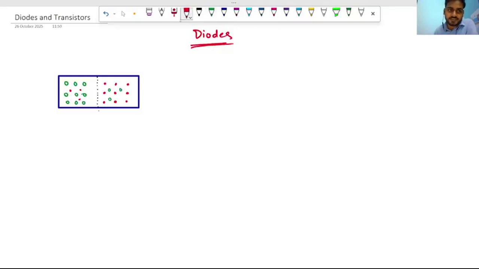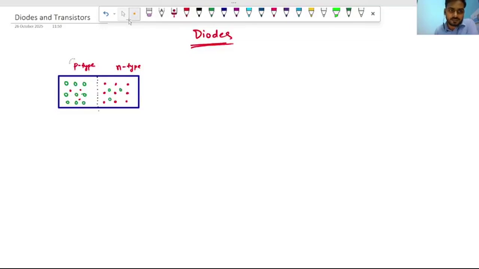So we call the left side P type. P means positive, since holes have positive charge and electrons have negative charge. This side is known as N type, and this side is P type.